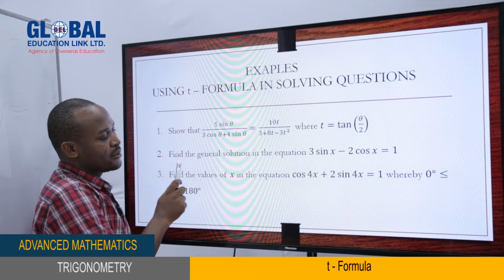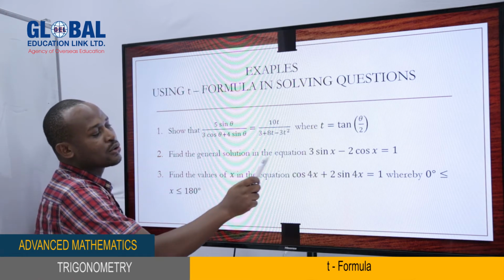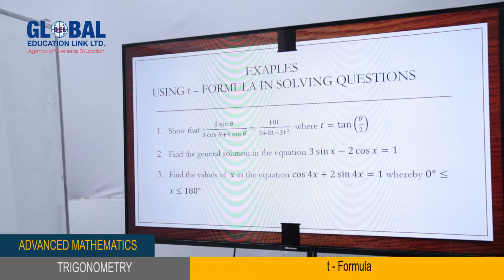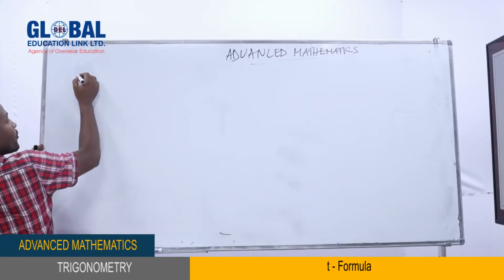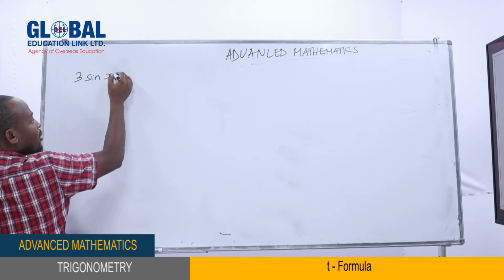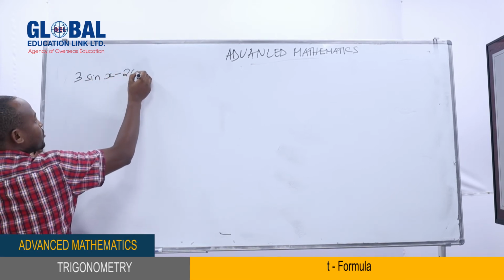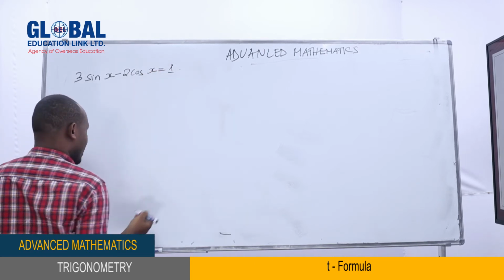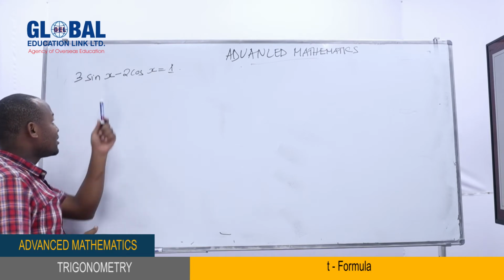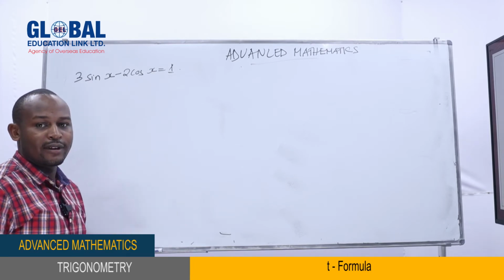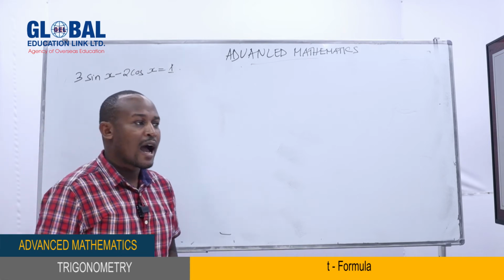So we have been told to find the general solution of the equation 3 sine x minus 2 cos x equals 1. How can we do that?